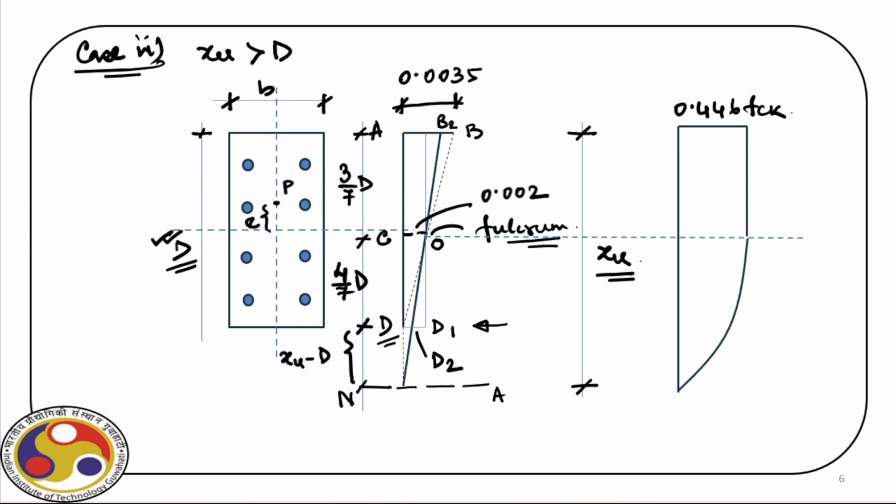Now the net compressive force will act somewhere here. We can use an opposite arrowhead, so let us draw it the other way. And the location of this compressive force is the CG of the stress block, which is at a distance, say C2 D. D is the total depth of the section.